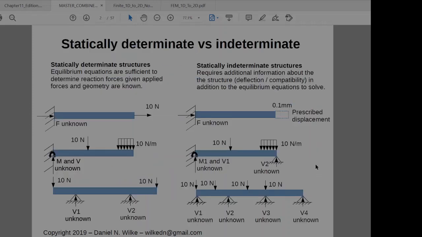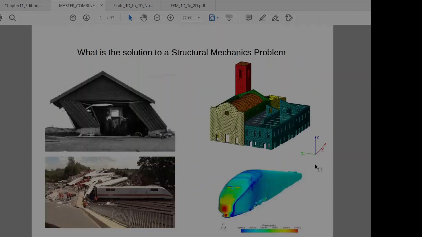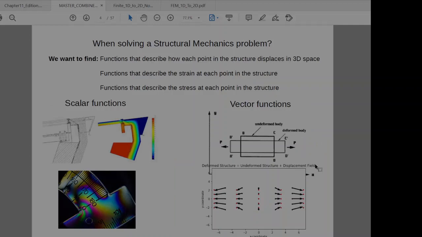First off, we wanted to make sure that we have our basics down in terms of what's statically determinate and what's statically indeterminate, and you'd be able to use that to help us to verify. That's important. Okay, so the structural mechanics problem, we want to be able to handle complex geometries, so we need to really formally describe fields now.